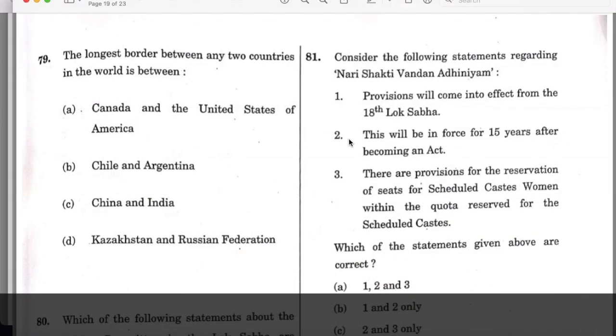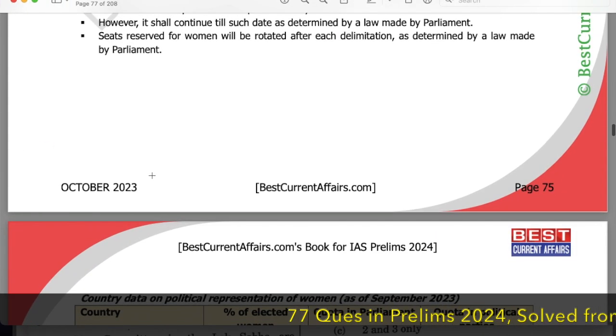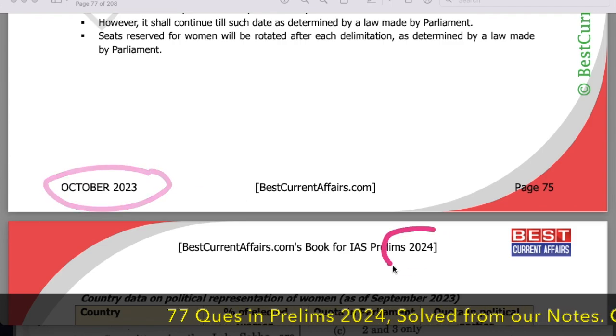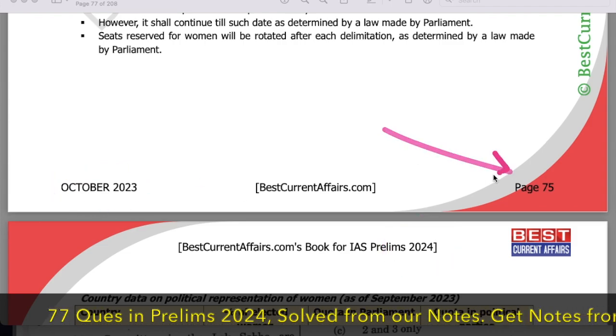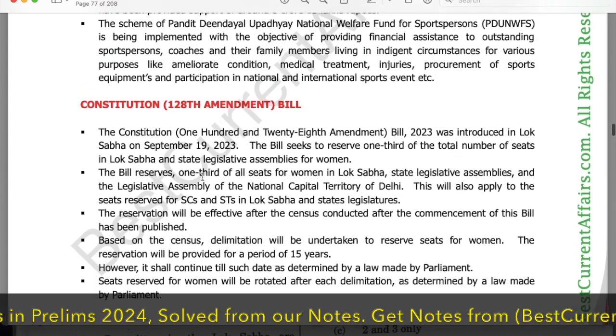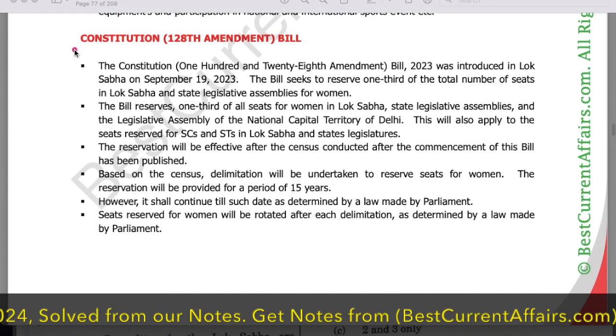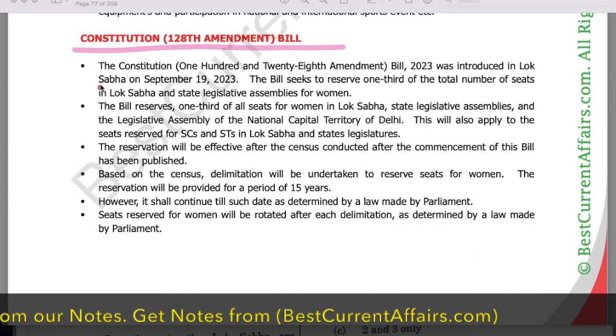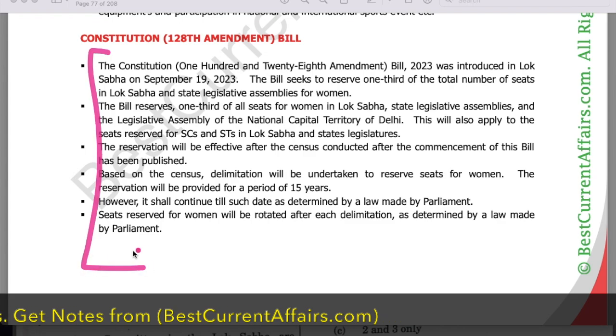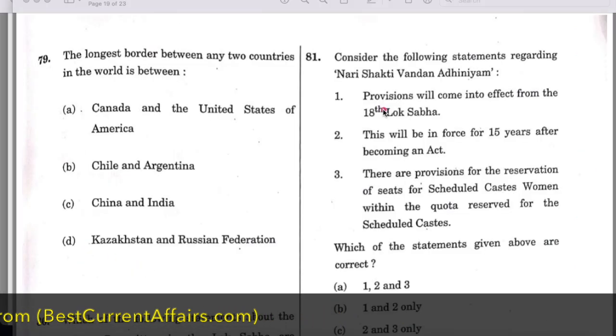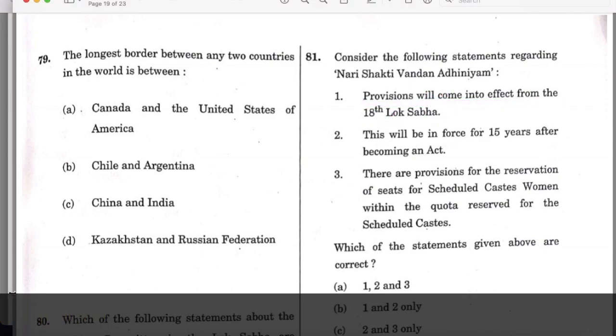Now see its main provisions. Now take the first statement. This is our October 2023 current affairs book for IAS 2024 on page number 75. Here it is mentioned Constitution 128th Amendment Bill. Here this full act is discussed. Now check the first statement, that provisions of this act will come into effect from the 18th Lok Sabha. This statement is wrong.